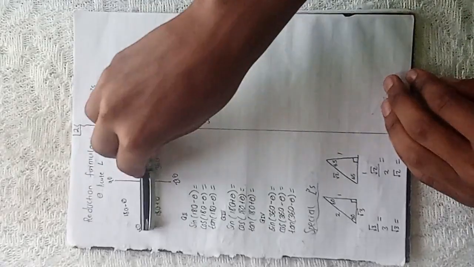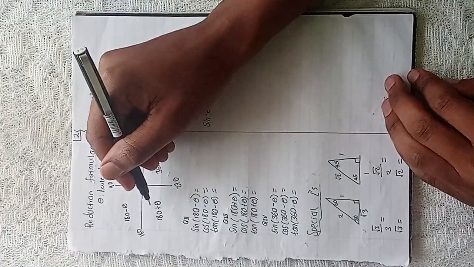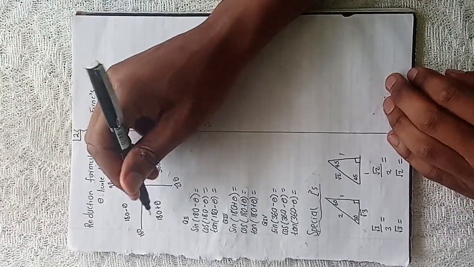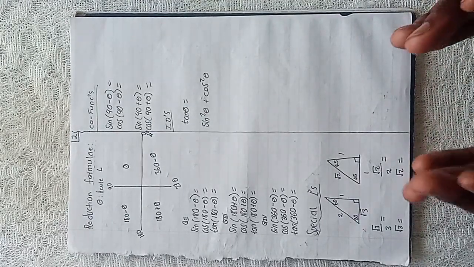It's an angle from here. Then I add an acute angle. That angle won't be more than 270. It will fall on quadrant 3. Same as well as 360 minus an acute angle. That angle will fall on quadrant 4.